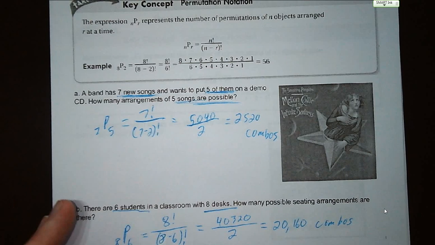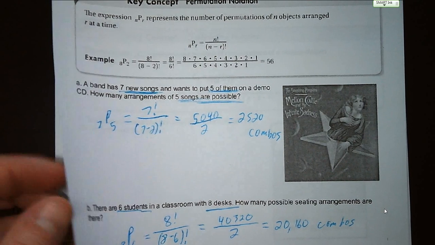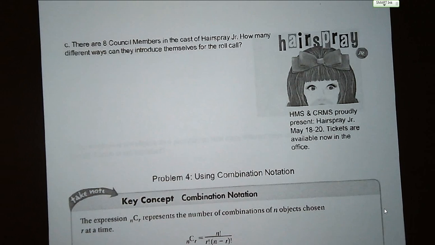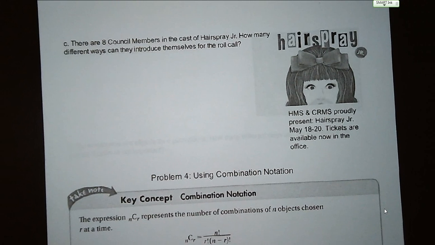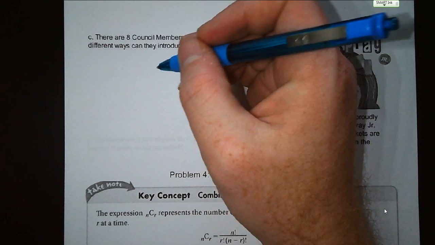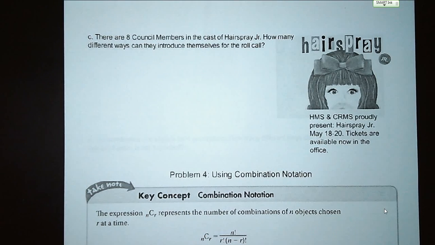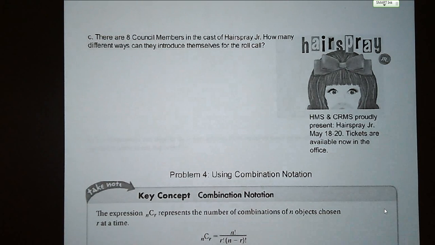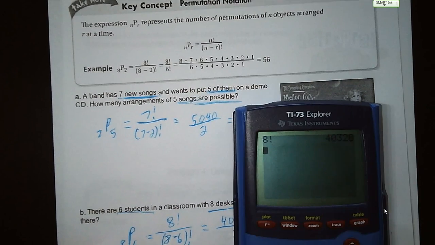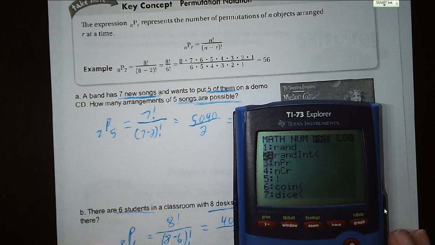Now, I know what you're thinking. Mr. Boland, this is a real hassle to memorize this formula. How on earth can I ever do it? Well, I will show you a shortcut. Actually, we'll go back to the last problem for that. You might have noticed when we went to the math button that you go to PRB, and oh look, nPr and nCr.